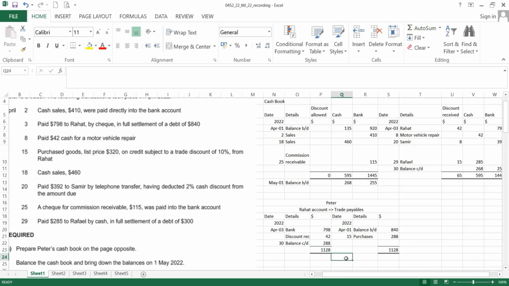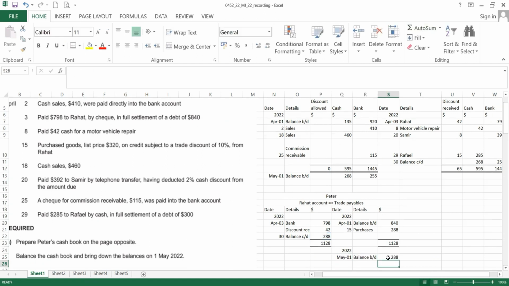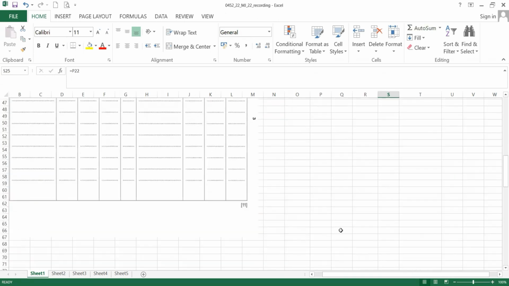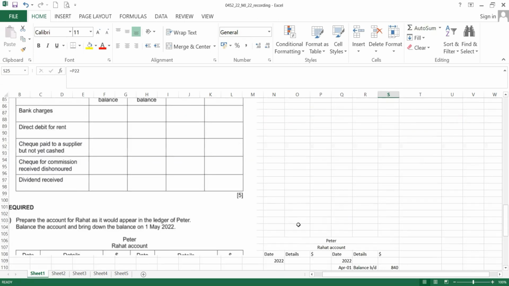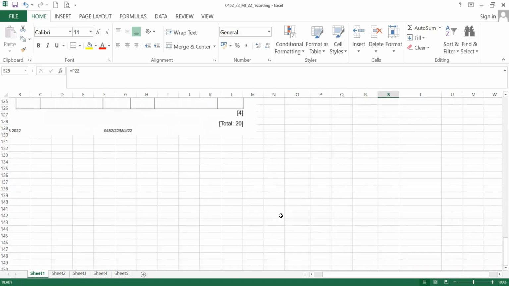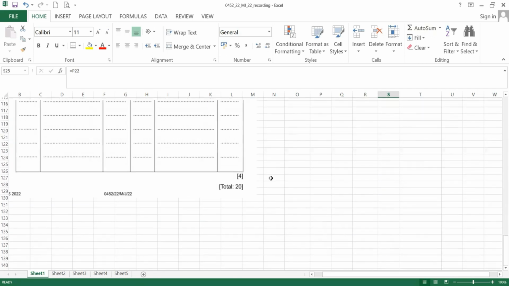So here, 2022, May 1st, balance brought down. One must be debit, one must be credit. So this is Rahat's account that we are preparing. Let's see what other question they are asking. Okay, that's all for question 1.